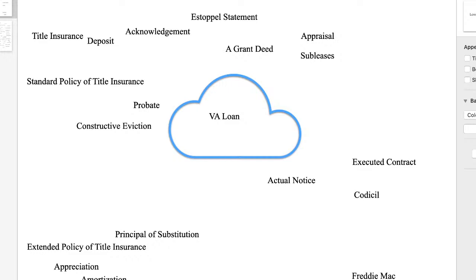So VA loan is for veterans, and there is no down payment required. That's what makes them really unique. Can you use a VA loan to buy an office building? No, it's for residential properties, so they have a place to live.